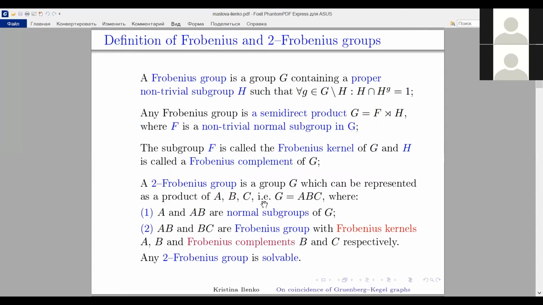A Frobenius group is a group G containing a proper non-trivial subgroup H such that for all g in the difference of set G and H, the following equality holds.